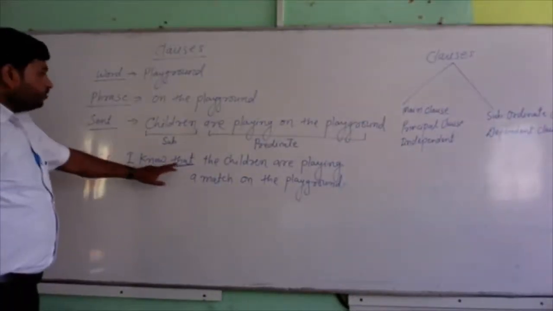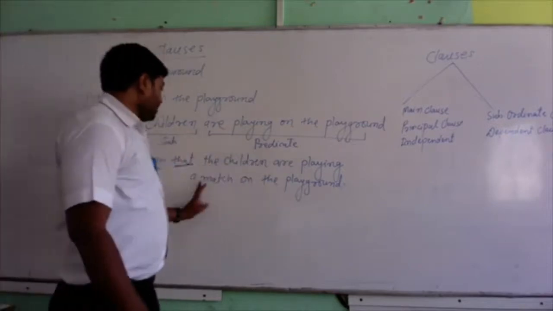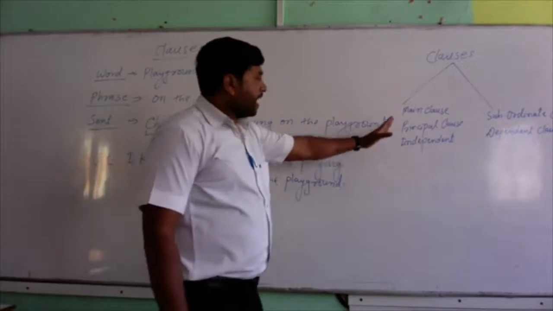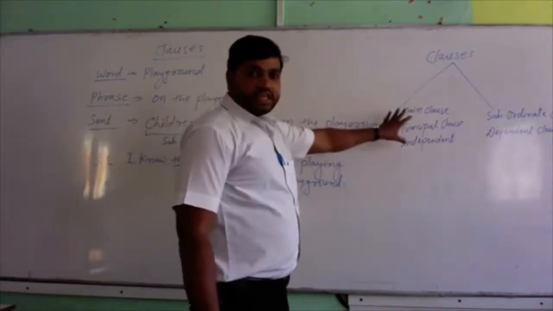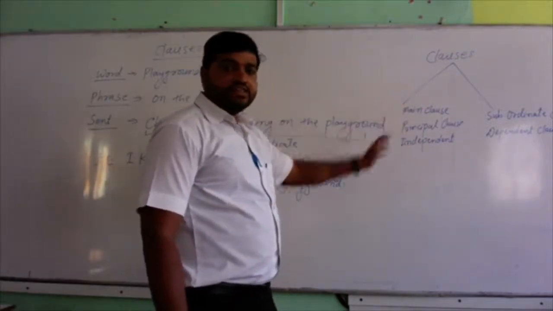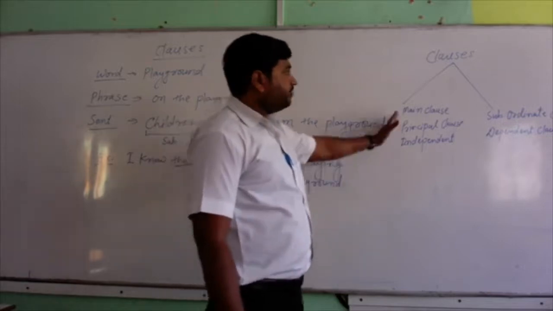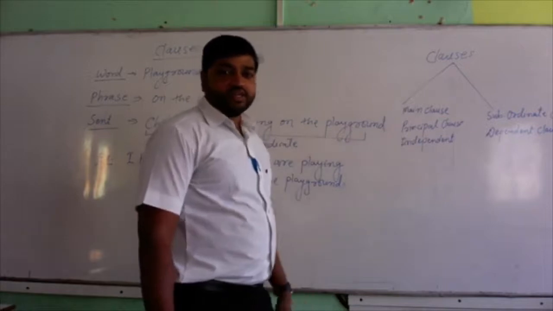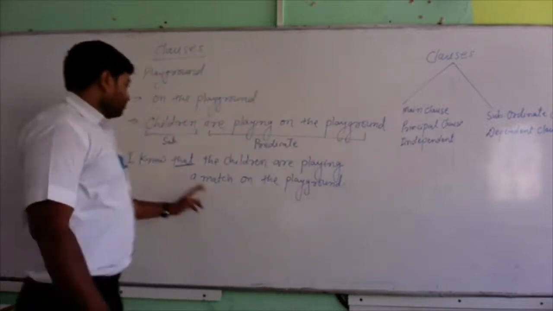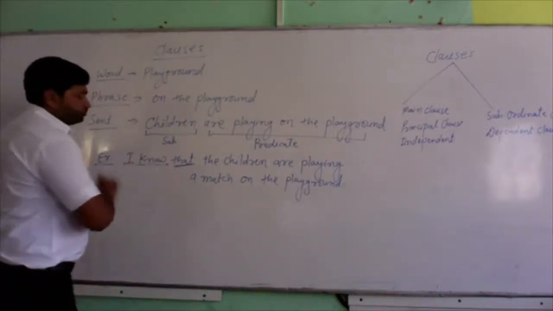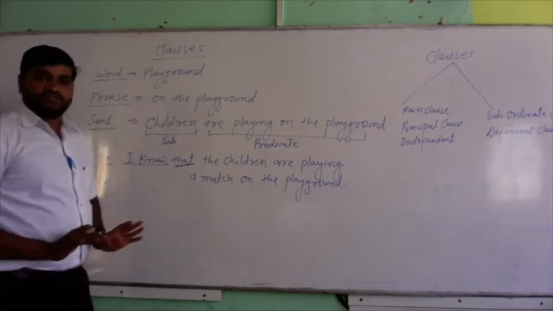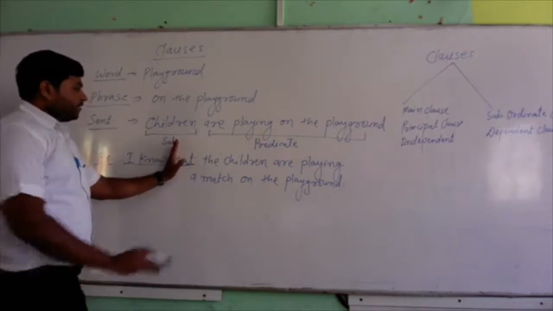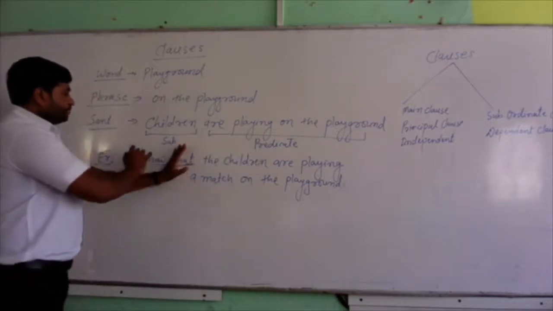Just as in "I know that the children are playing a match on the playground." The main clause means the part of the sentence which can complete its sense by itself, individually. It never depends on another part of the sentence for completing its meaning. So for example, here "I know" is a complete sense. Without the rest of the sentence it can complete its meaning.